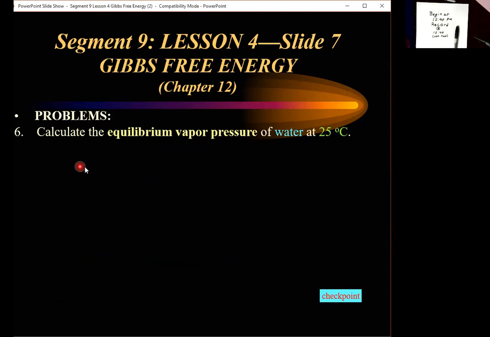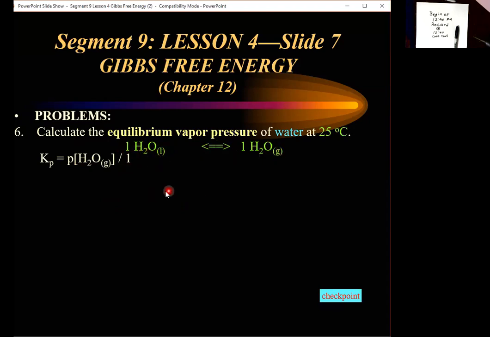Well, let's see if we can do that. There's the reaction for water, liquid, going to water, gaseous. Kp is the partial pressure of the water at equilibrium divided by, this is a liquid, so we don't include liquids in the equilibrium Kp expression.